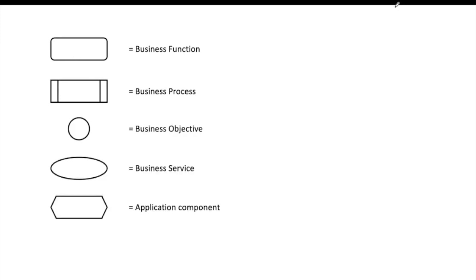So what you need for business footprint diagram is several concepts that you're going to tie up together: business function, business process, business objective, business service, and application component, or in our case we are going to talk about functionality or epics if we are going to use agile terminology. And of course you will always have a business sector or a stakeholder, as we may want to call it in our case.